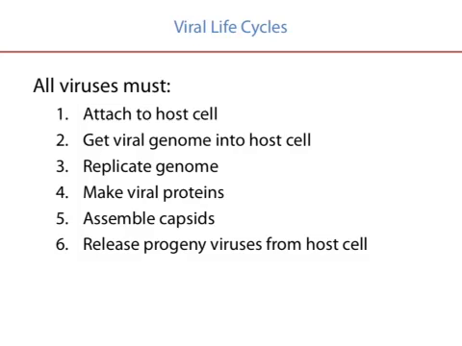The genome has to replicate, viral proteins have to be made, the capsid, remember, the coat that forms around the genome and protects it, must be assembled, and progeny viruses must be released from the host cell. We'll now go into some of the specifics of the viral life cycle.